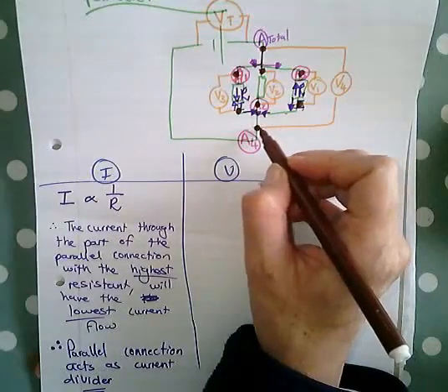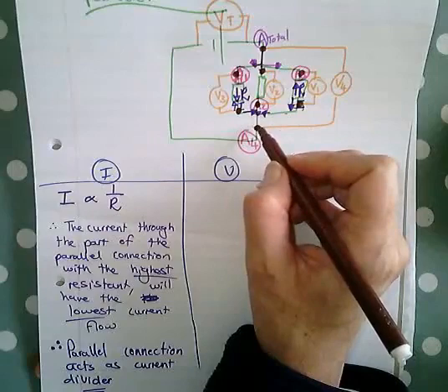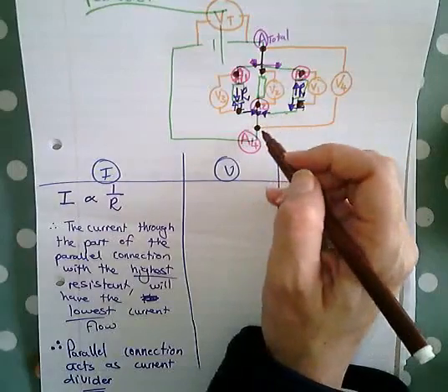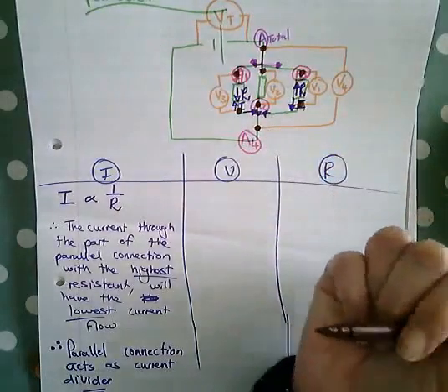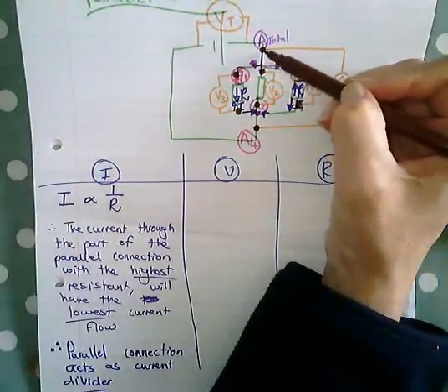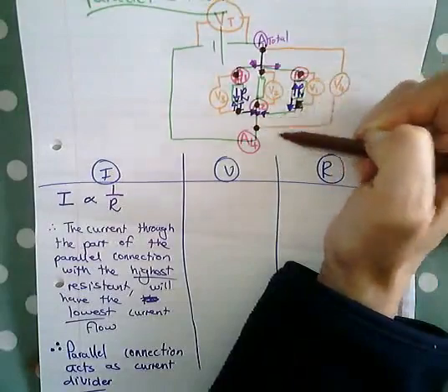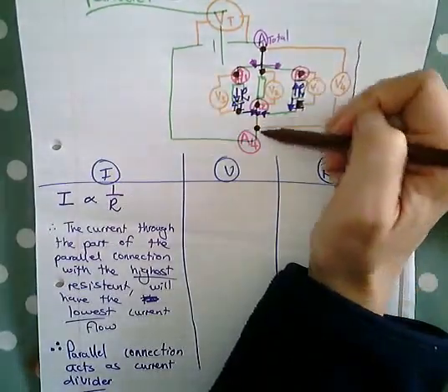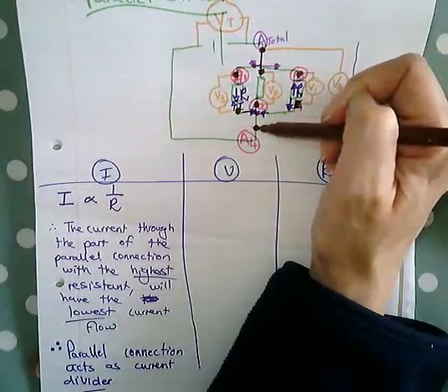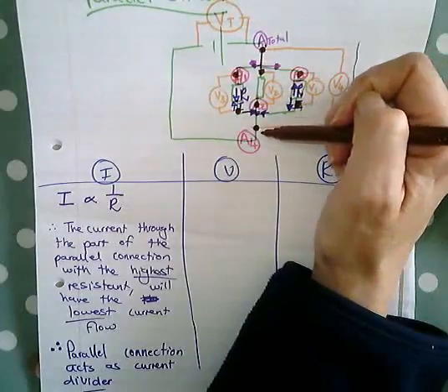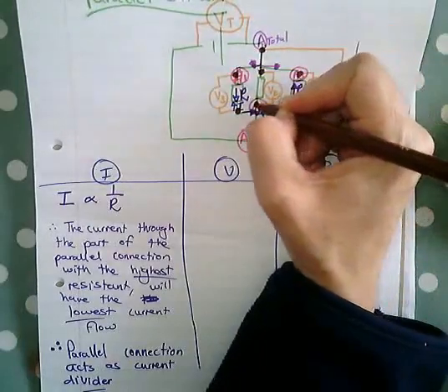So, what I'm trying to say is the potential difference across the whole big parallel connection, from there to there, is going to be the same as each individual potential difference.